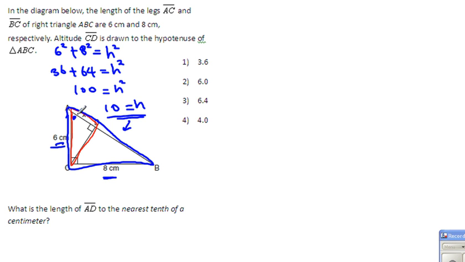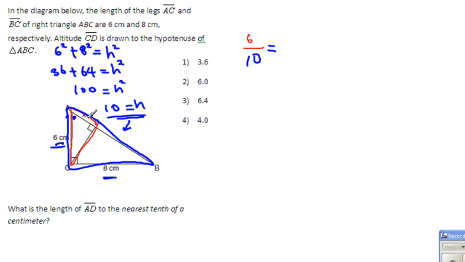Now, by setting up the proportion, here we have 6 is the opposite of the right angle from the red triangle. Same thing on the blue triangle, opposite of the right angle would have been 10, which we just found. So both of them are opposite of the right angles.